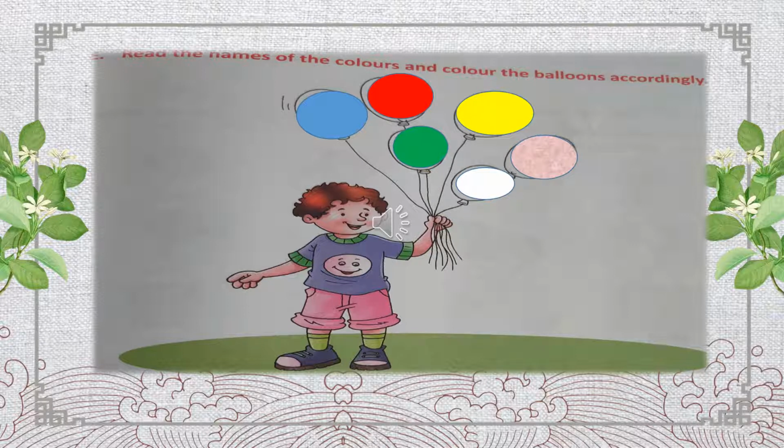Where green was written, I have colored the balloon green. Where yellow was written, I have colored the balloon yellow. Where white was written, I have colored the balloon white. And where pink was written, I have colored the balloon pink. In the same way, you will also color the balloons given in your book.